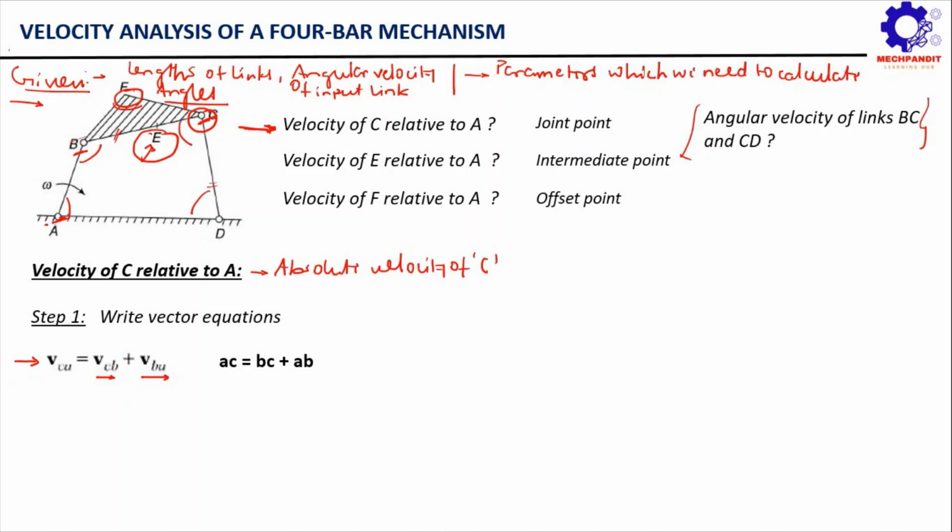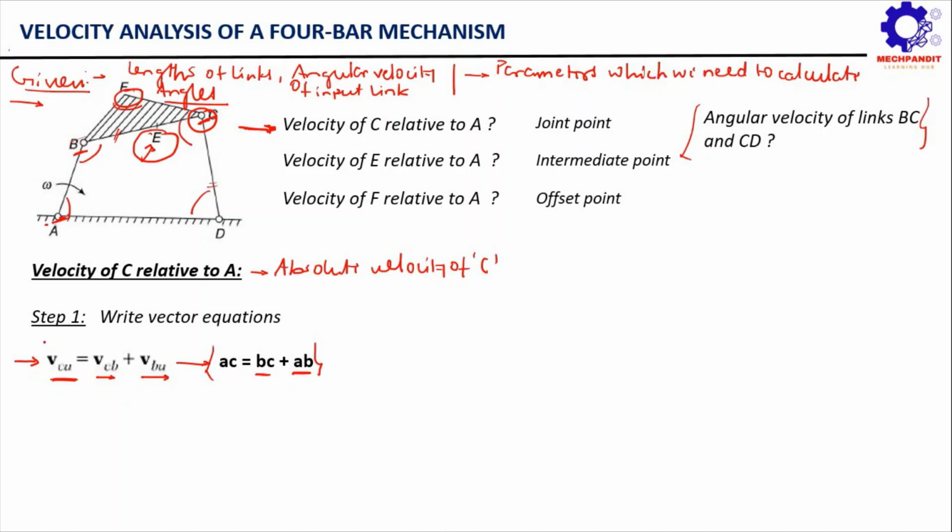Now afterwards, if you write down the same thing in the vector diagram format, you can write these vectors as AC vector is equal to BC vector plus AB vector. So just remember, don't get confused by the equations here.